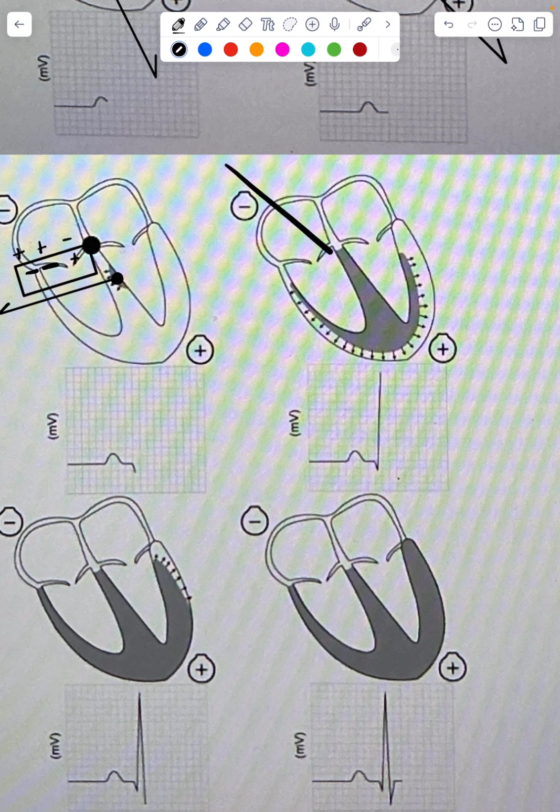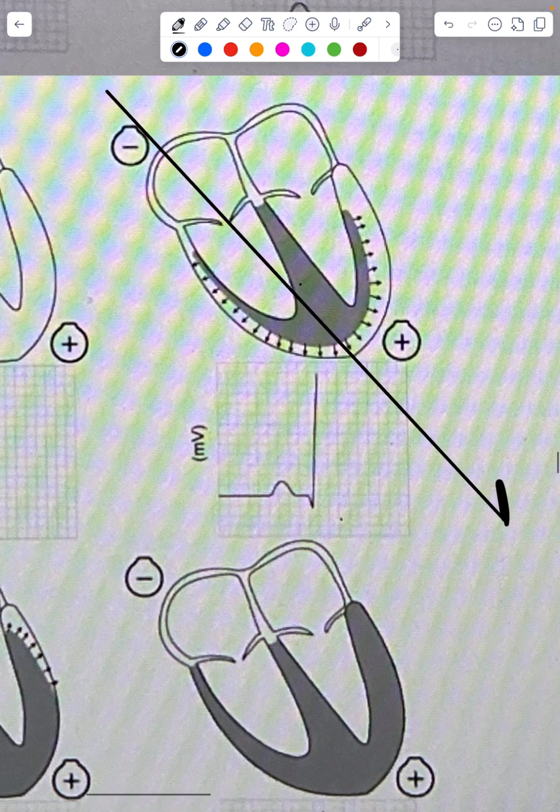And we're going to get this vector again, about here, because the Purkinje fibers are going to run through here and the left and right bundles are going to run through there. And so we're going to get this cell again, and it's going to be the exact same thing that we just looked at.